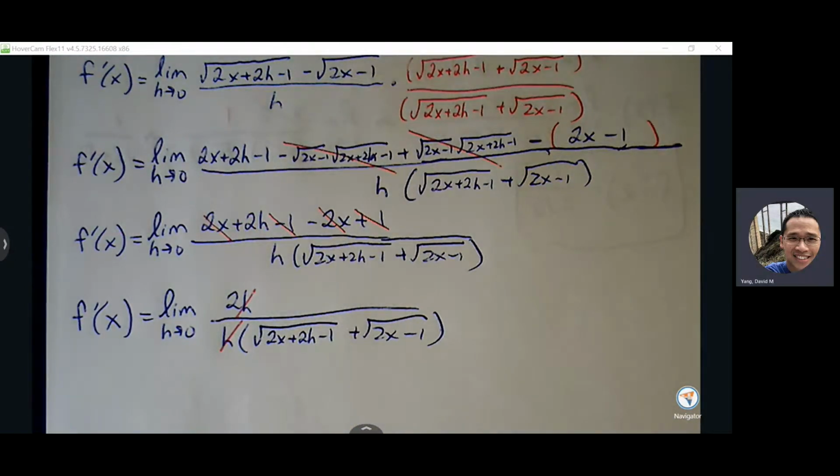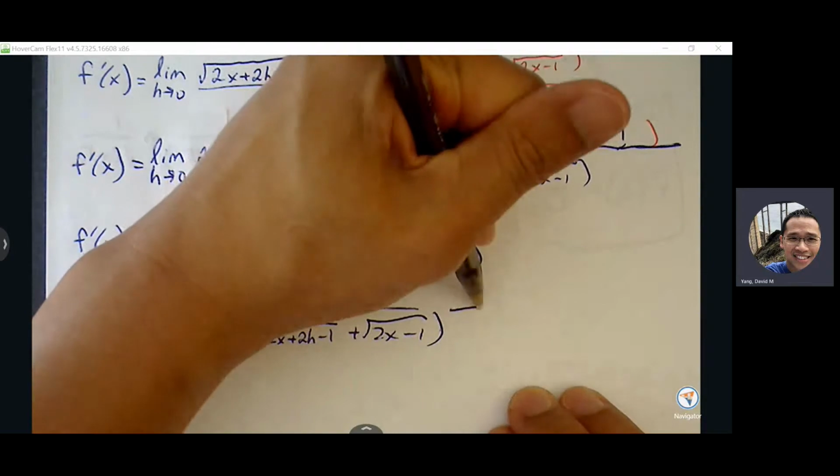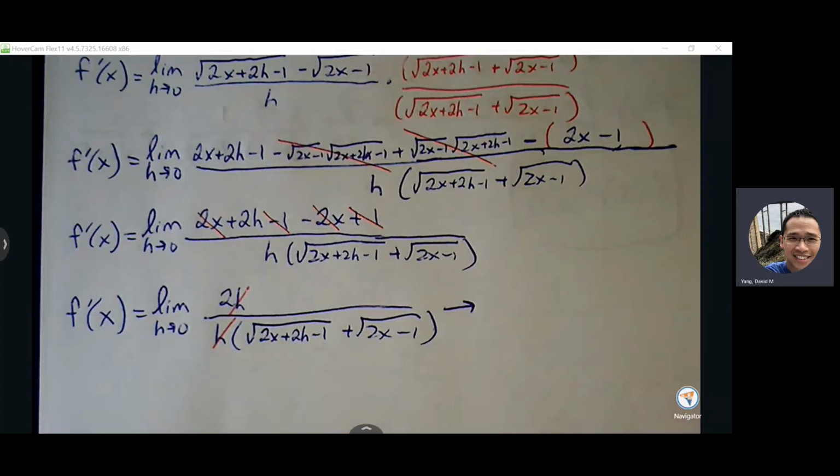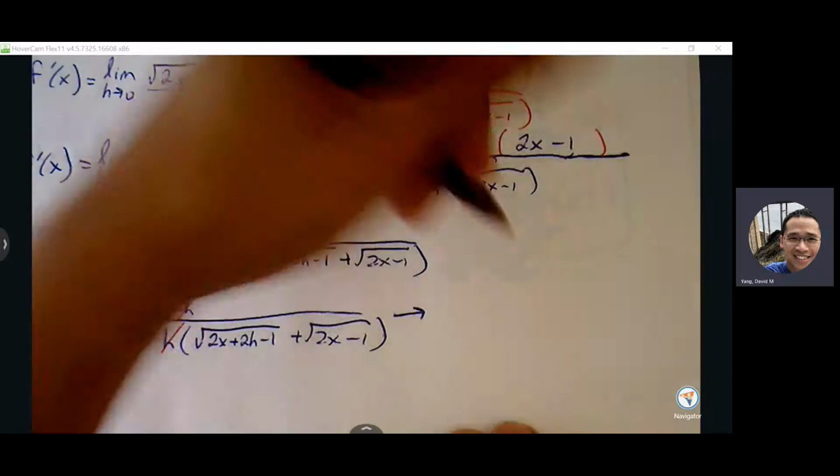Once we remove the h, we can reevaluate the limit, replace any remaining h's with 0, see what's left over.